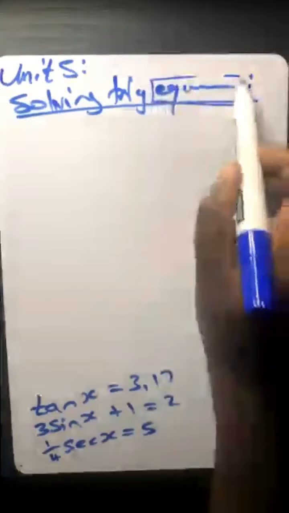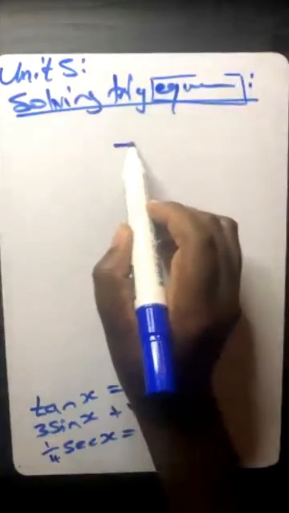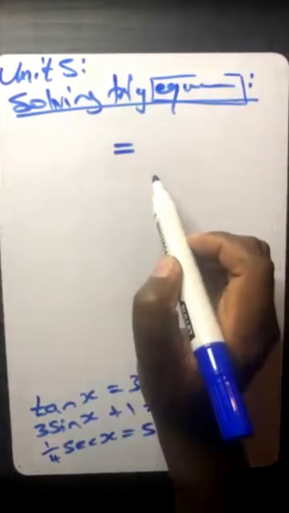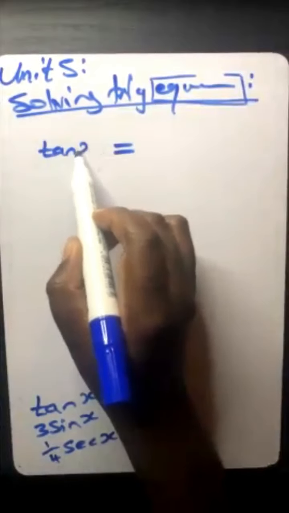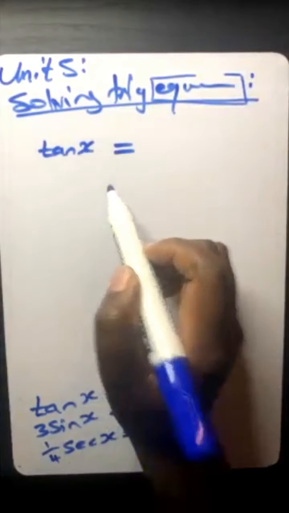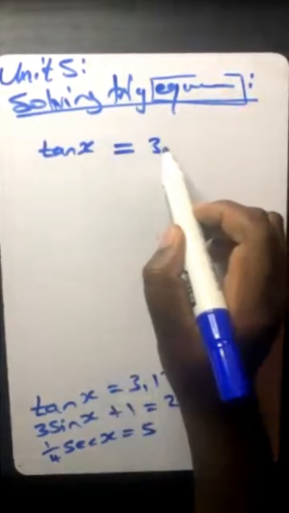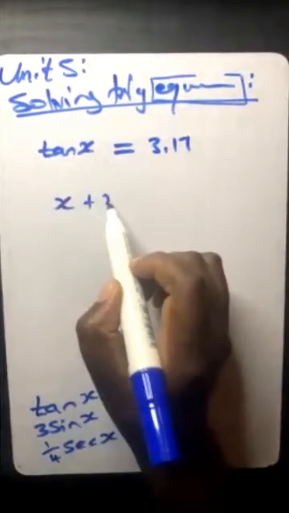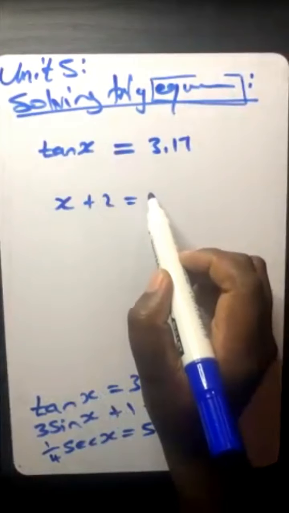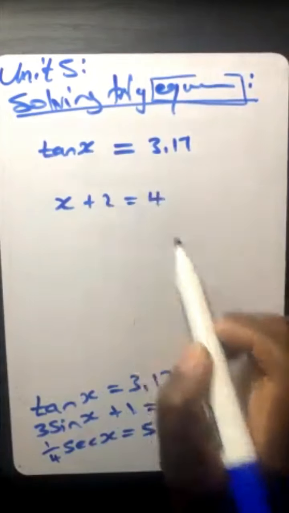So we said an equation can be noticed the moment we have an equal sign between terms on the left side and terms on the right side. So now on the right side, we have maybe something like tan angle, which can be equated to 3,17. Sometimes you might have x plus 2 being equated to, let's say, 4.